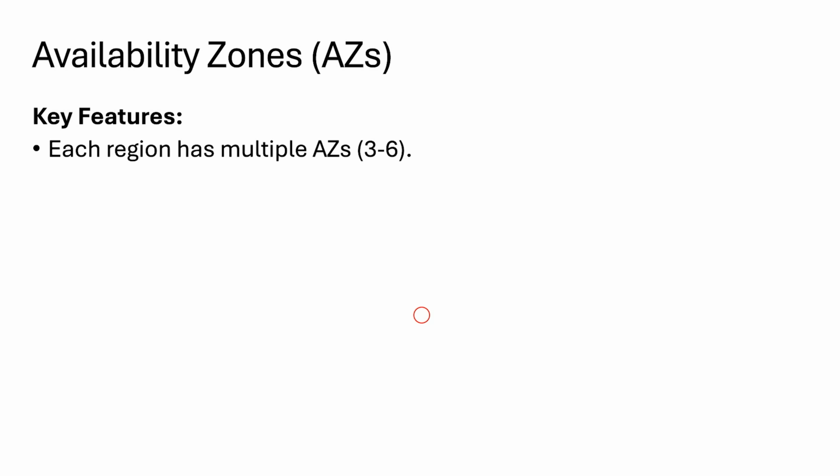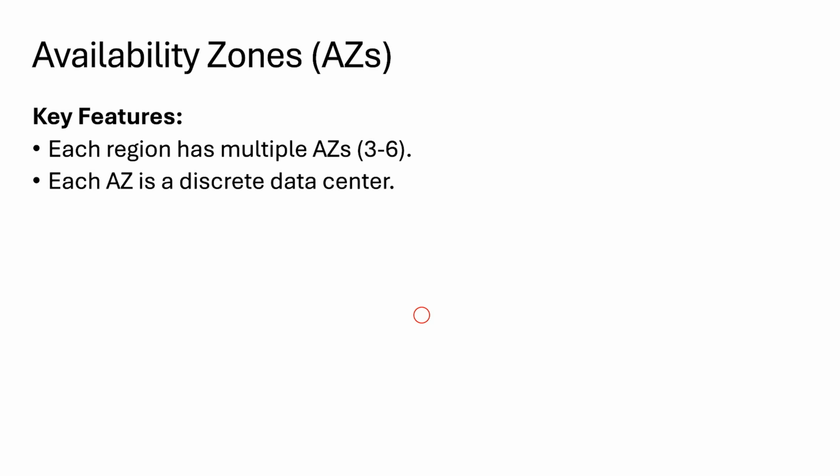And why do you need these availability zones, right? Availability zones are nothing but discrete data centers. So an availability zone is your data center. In a region, if you have multiple availability zones, for example three, each availability zone contains data centers, that means servers.